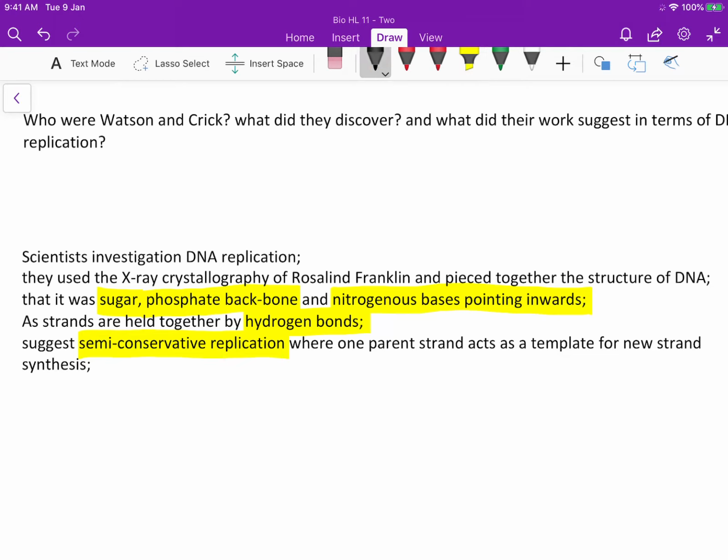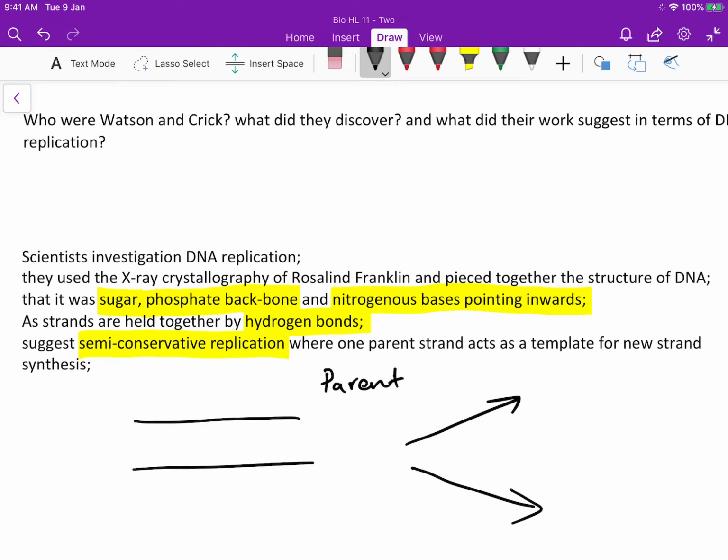It's where if we have two parent strands, when we copy DNA, each new double-stranded molecule will have one strand which was from the parent and one which is newly synthesized.